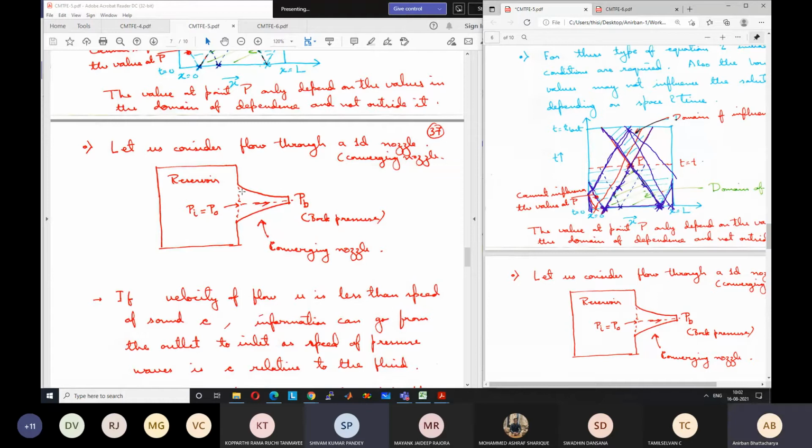Speed is zero, right? That's why after that point, even if I reduce the pressure, that information cannot pass in the backward direction. So the speed of flow cannot increase any further, right?